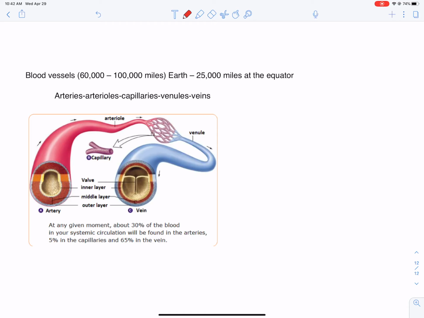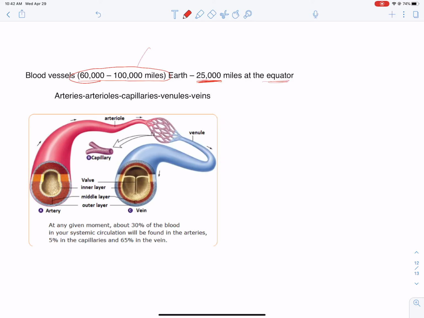interesting, if you could take all your vessels and stretch them out in one straight line, you would have somewhere between 60 and 100,000 miles of blood vessels. To put that in perspective, Earth at its widest point is 25,000 miles at the equator.